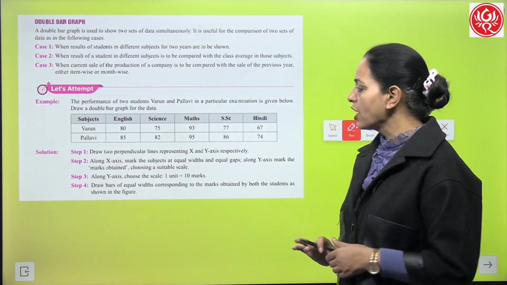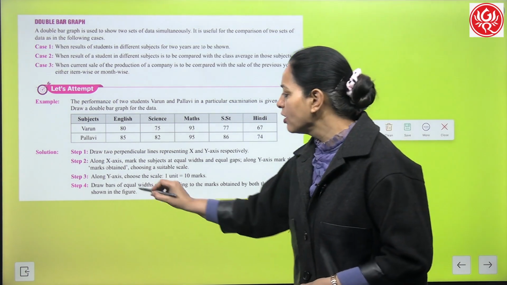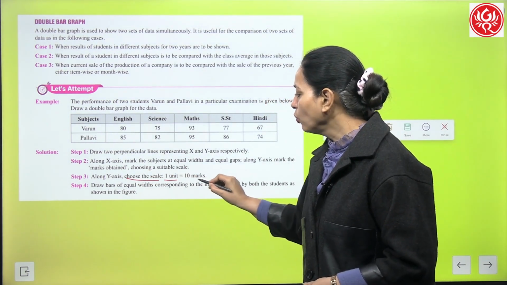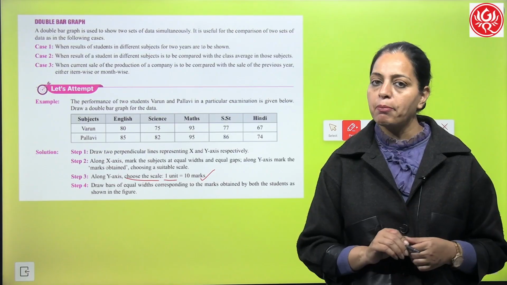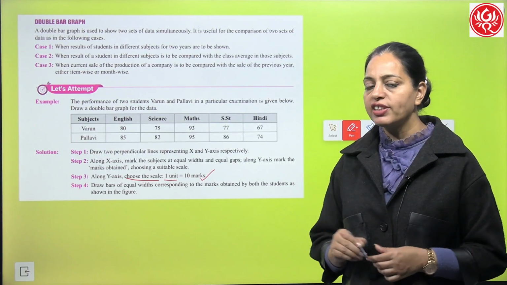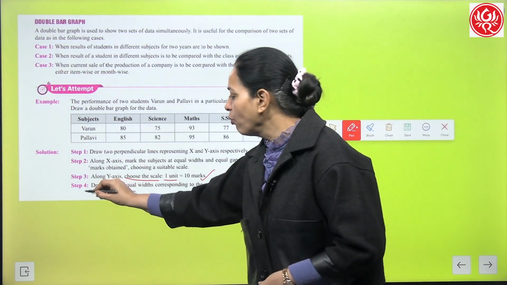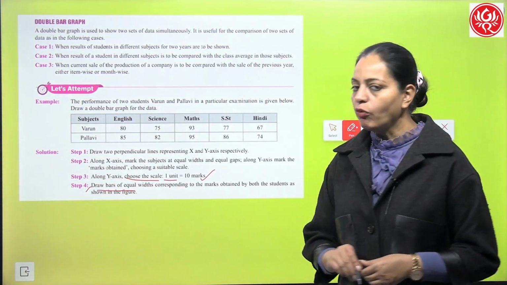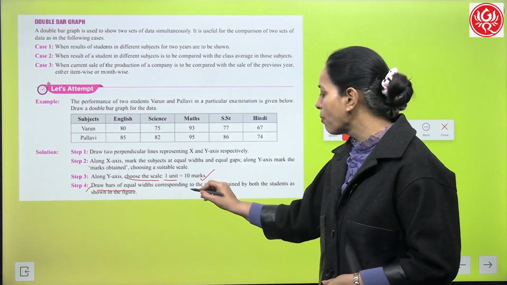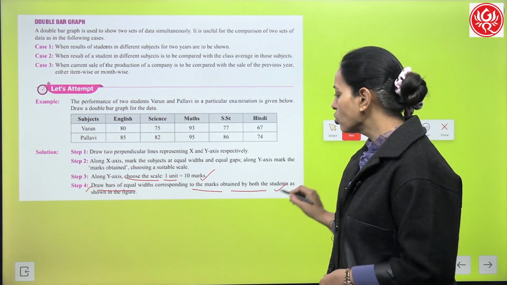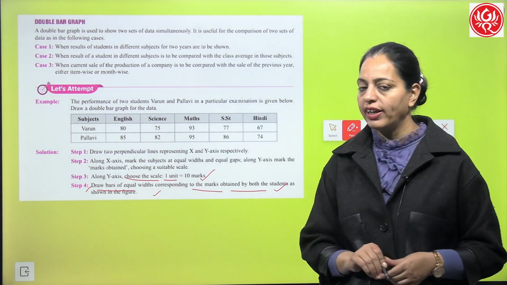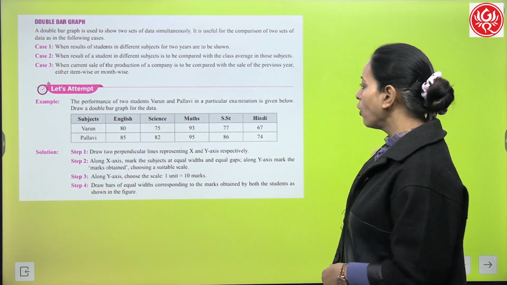Now step 3, along y axis choose a scale 1 unit equals to 10 marks. यानी 10 का हम difference ले लेंगे, 10, 20, 30, 40 like this. And step 4, draw bars of equal widths corresponding to the marks obtained by both the students as shown in the figure. So see how to do it.